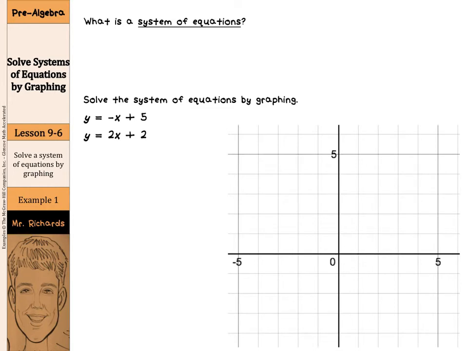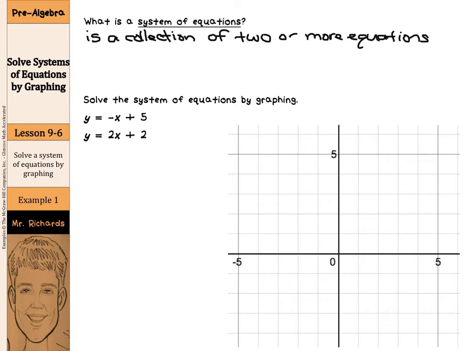Well, systems of equations is a collection of two or more equations with the same set of variables. And one way to solve a systems of equations is by graphing.